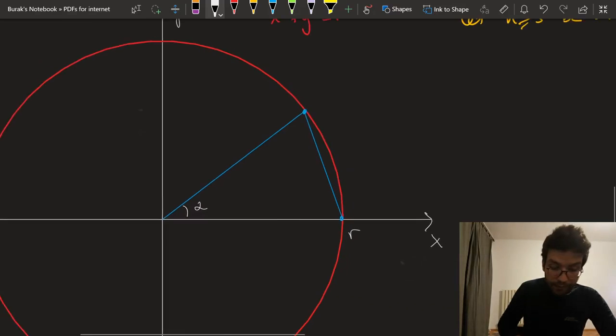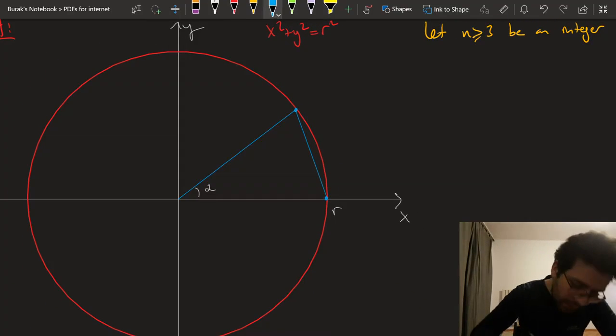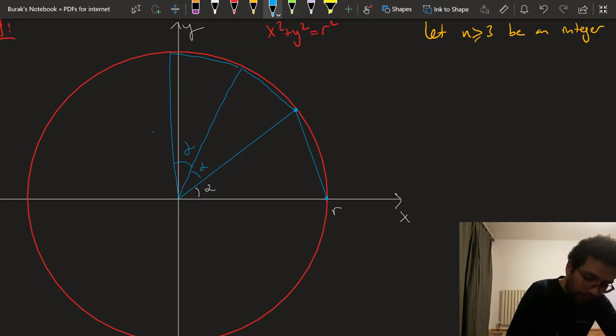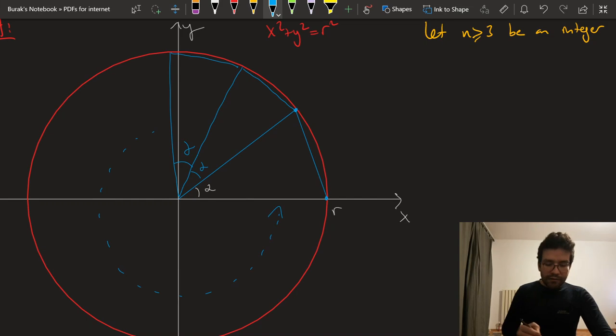Now pretend that I take copies of this triangle and I'm gluing them like this back to back. What is going to happen?